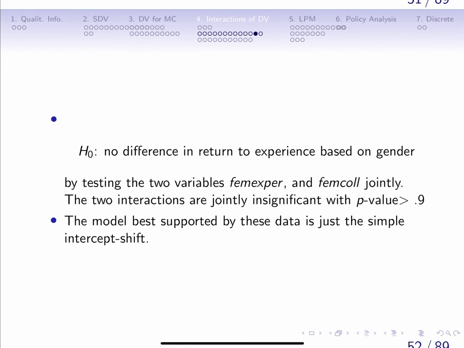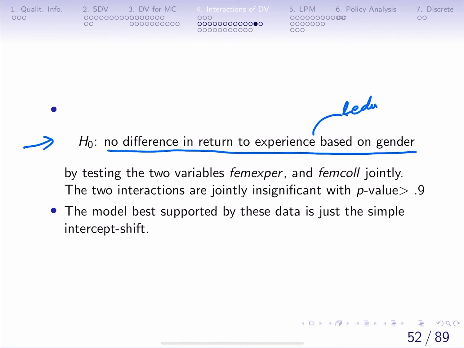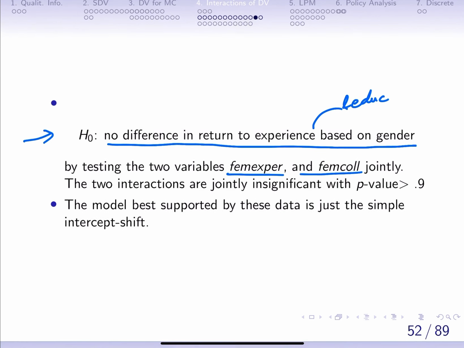You can also set up a null hypothesis which says there's no difference in returns to experience based on gender, in which case, if this was returns to experience and education, then you're probably saying that female times experience and female times college jointly are zero.